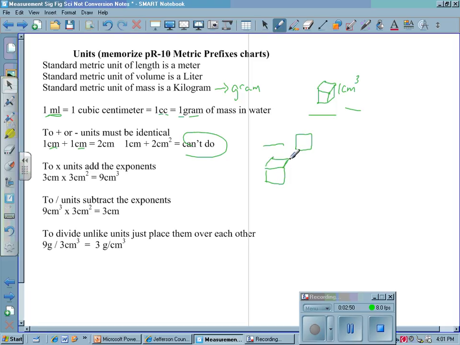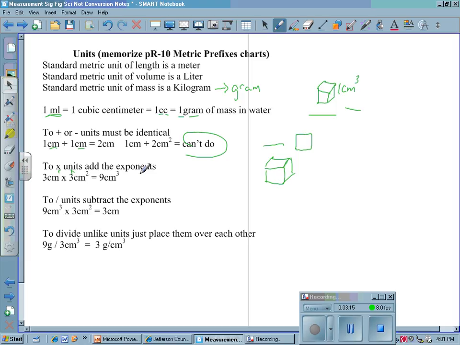So I would now end up having 9 cubic centimeters. So here's what I did. I took the 3 times the 3, that gave me the 9. Now this little centimeter here actually has an exponent of 1, and it tells me to add the exponents. So the exponent of 1 plus the other exponent of 2 gives you 3. And 9 centimeters to the 3rd power is the same thing as saying 9 cubic centimeters.